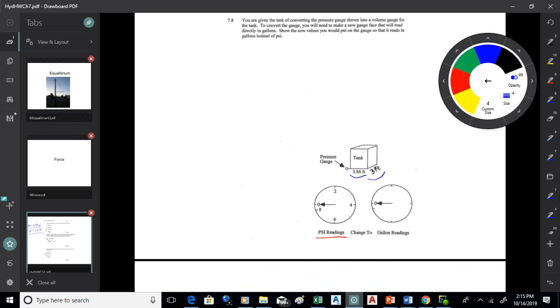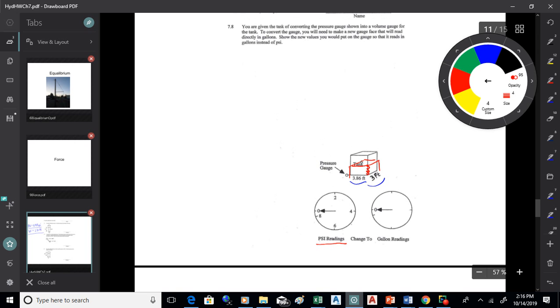We want to know for these different pressures, 2, 4, 6, and 8 psi, how much water is in the tank in gallons. All right, I think you can get from the pressures to the height of the water, and once you have the height of the water, you should be able to find the volume and then convert that into gallons, okay? So for a given height, you've got a volume that looks something like that, okay?